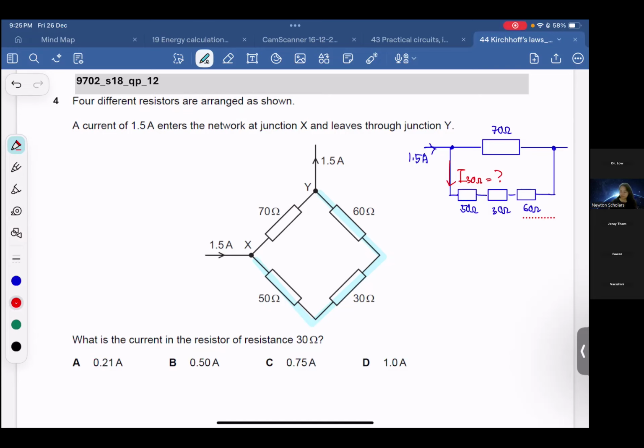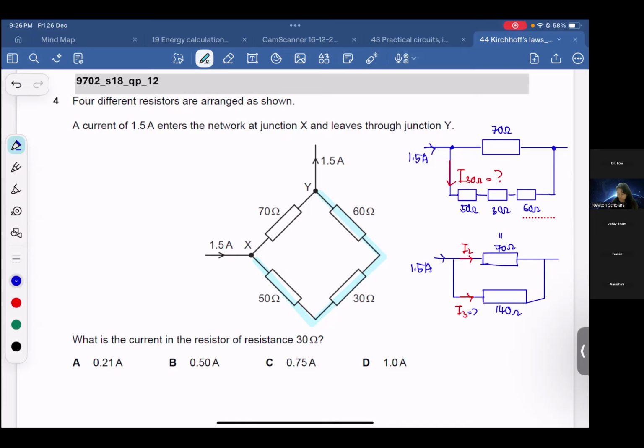Okay, what is the idea? Any of you got the answer?